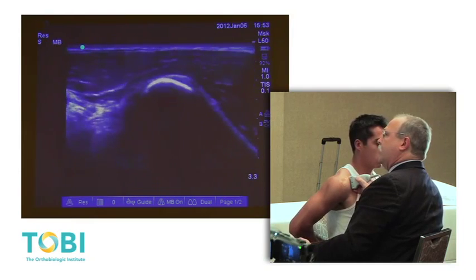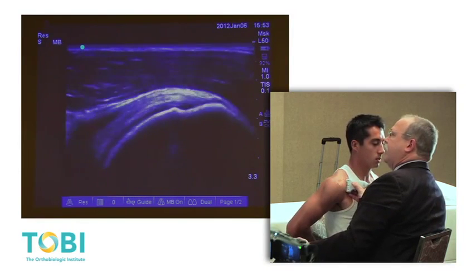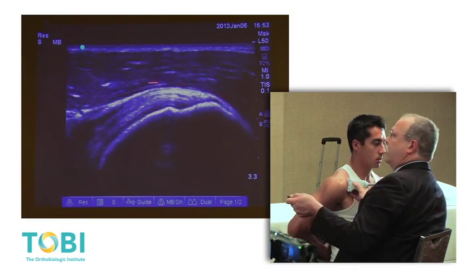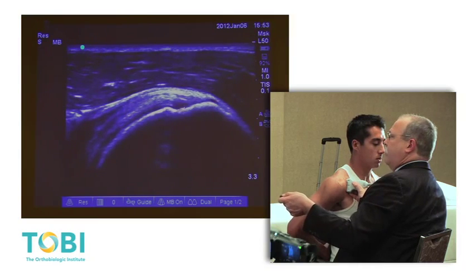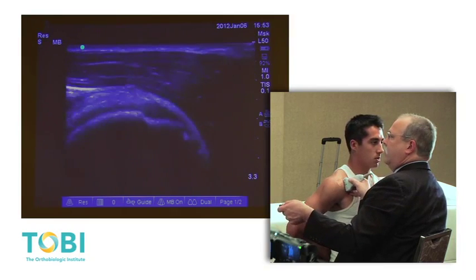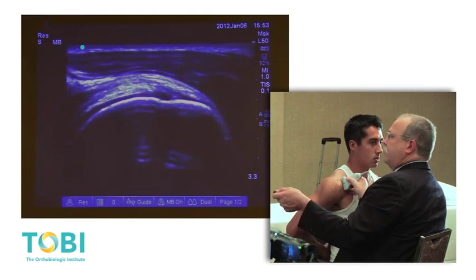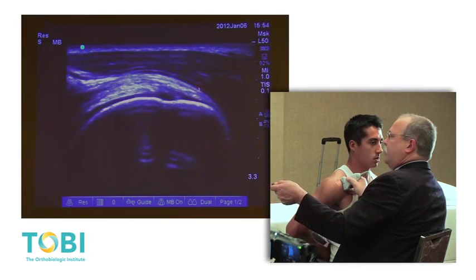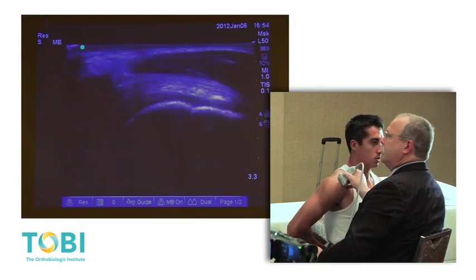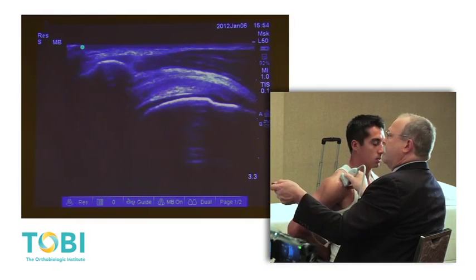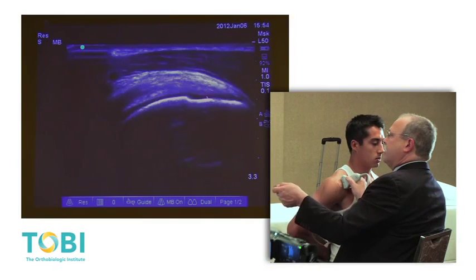Again, I like to find coracoid and angle laterally to come into that bird's beak view that is akin to a coronal MR. It's a long axis view of the supraspinatus, bony footprint of the greater tuberosity, humeral head, articular cartilage, subdeltoid bursa, and overlying deltoid muscle. Deltoid muscle coming up and attaching to the acromion. Proximal rotator cuff, distal rotator cuff.